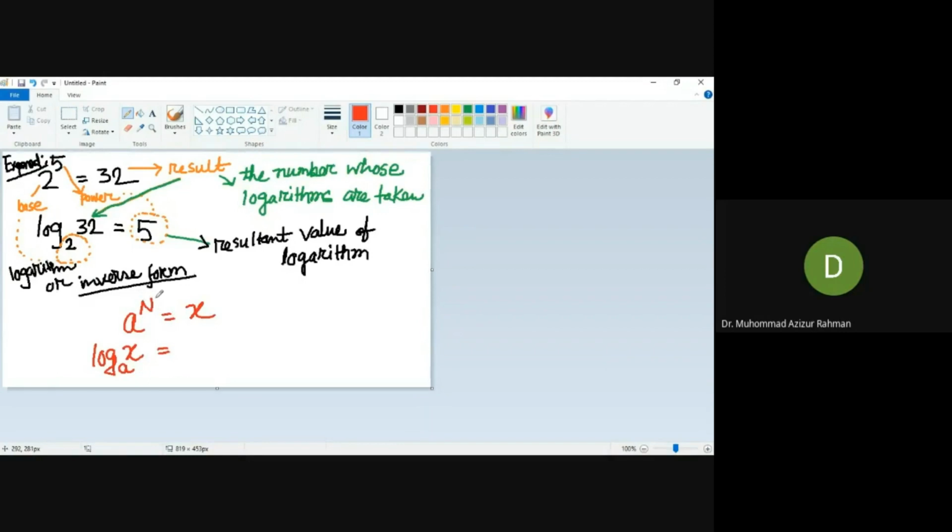Clear? Yes, sir. So from one form we can do conversion to another form. So this is called the inverse form, or the logarithmic form.